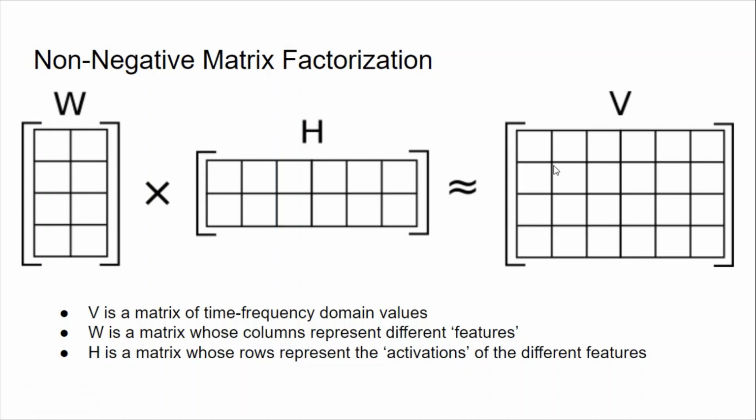So the columns of V correspond to these columns of H, and both of those are time series, and then the rows of V correspond with the rows of W, in which those are frequency domain.